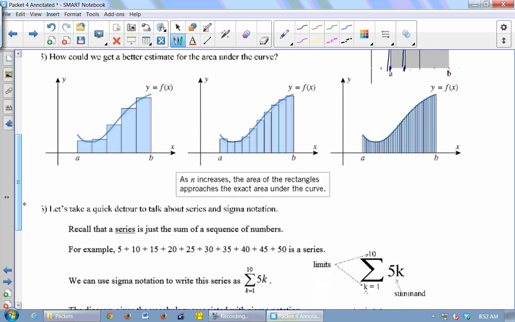And so here you could say we're letting the number of rectangles go to infinity, or the width of each rectangle go to 0. So we're taking a limit. Right? To find the exact area under the curve, we estimate it with rectangles. We let the number of rectangles go to infinity, and that's a limit. That's what makes this a calculus problem. We have to take a limit to find the exact area.